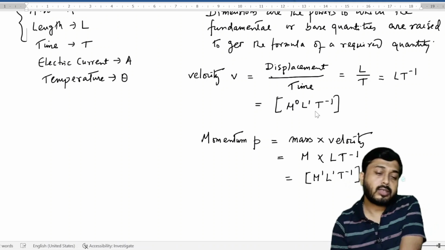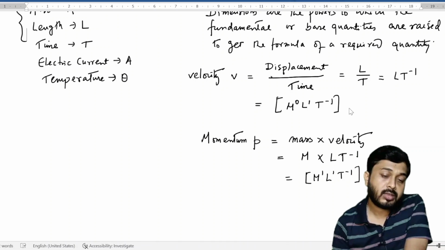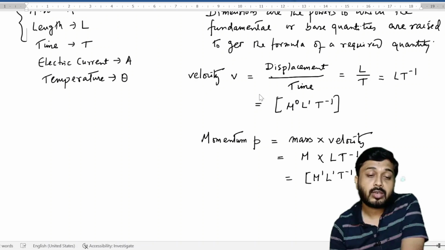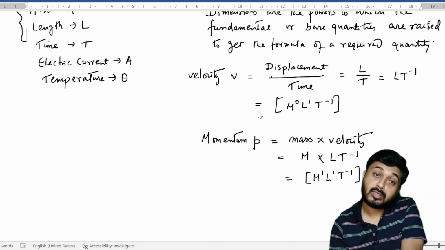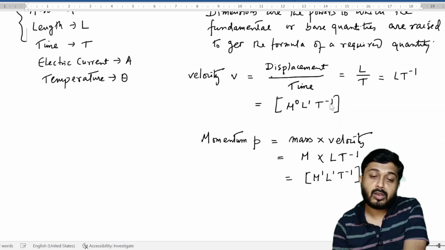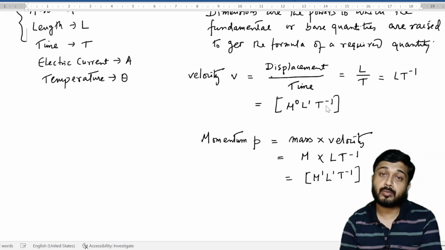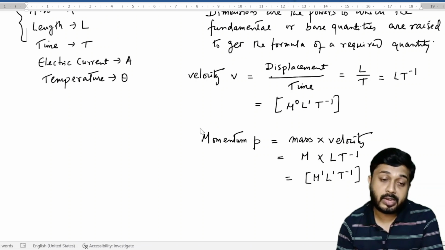So in these two dimensional formulas, all we can write is that the dimensions of velocity are 0, 1 and minus 1 on M, L and T. That's the way we write the answer.